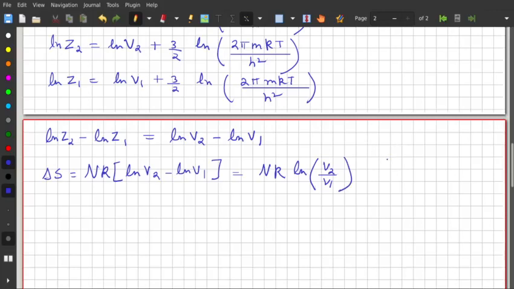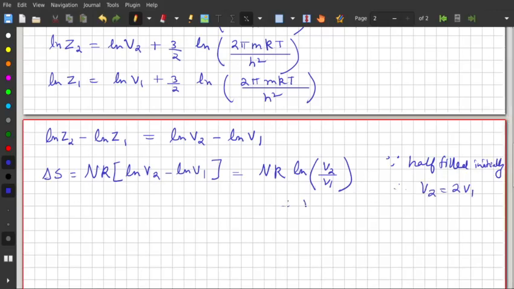And since it was initially half filled, therefore V2 is twice of V1, so V2 by V1 is 2, and the entropy change for the process becomes Nk log 2.